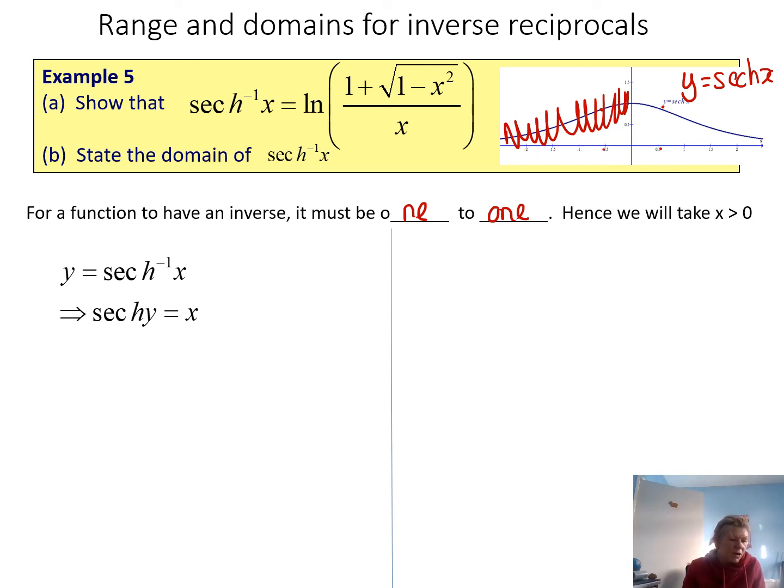A couple of slides ago we said what that was, because it's 1 over cosh. So it's not a half of e to the y plus e to the minus y, it's the upside down of that, so it's 2 over e to the y plus e to the minus y, and that equals x. So we might multiply through.